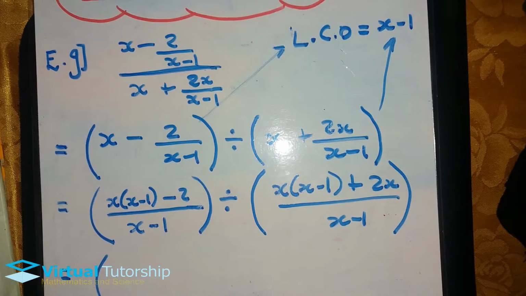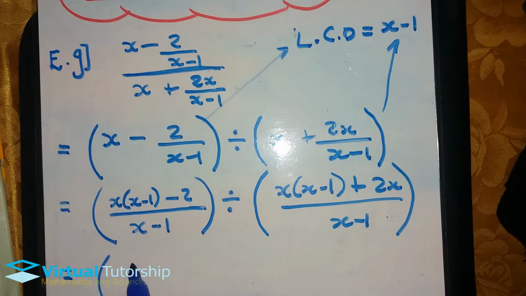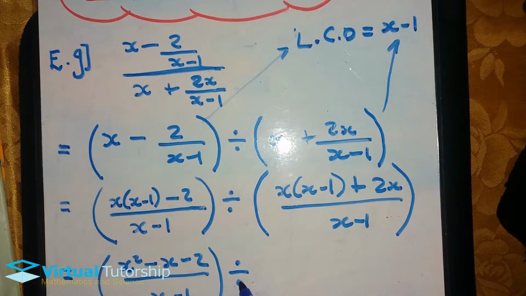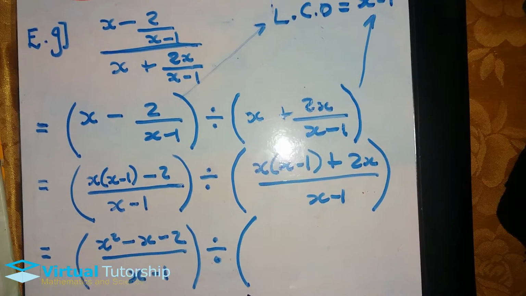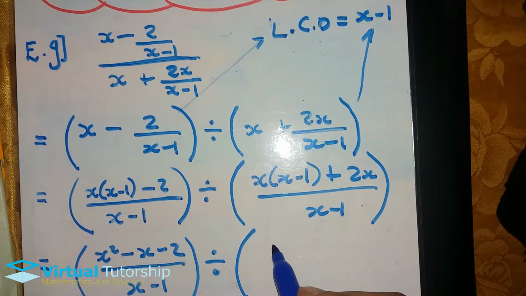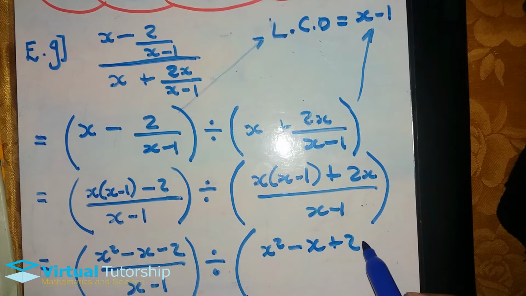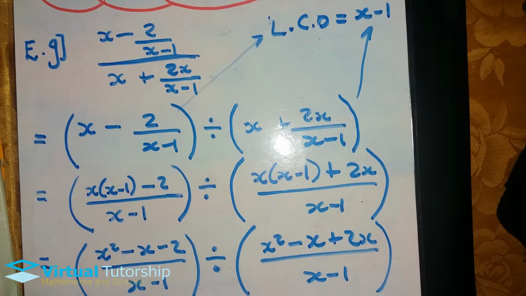Equal to, solve what's inside the bracket first. So here I get x squared, I solve for this bracket. I get x squared minus x minus 2 over x minus 1, divide, and then multiplying this I get x squared minus x plus 2x over x minus 1.